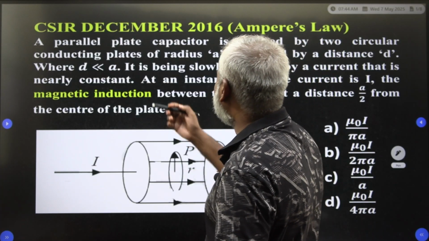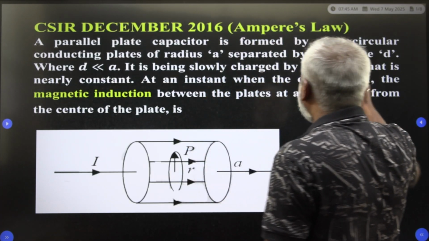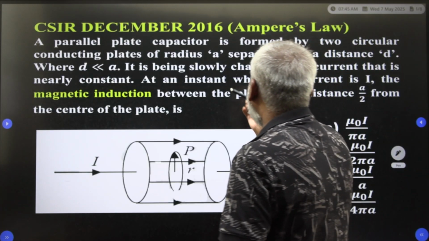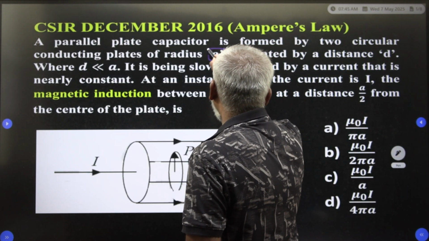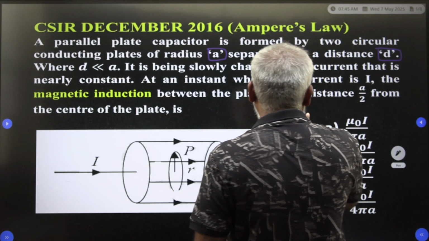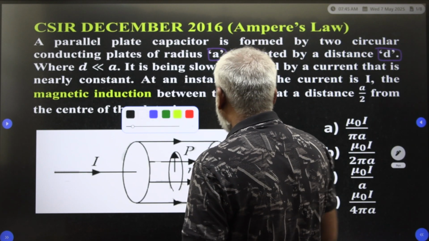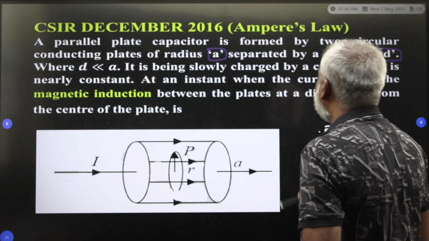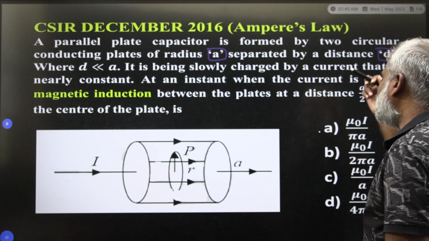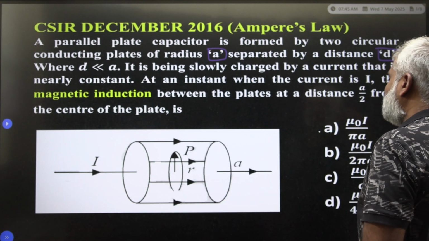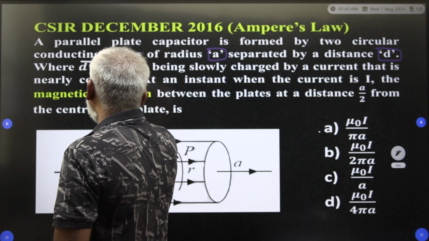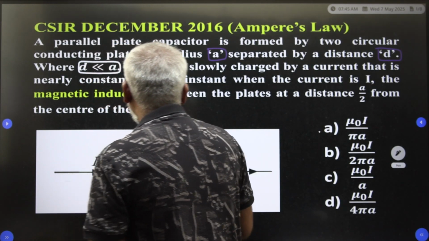A parallel plate capacitor is formed by two circular conducting plates of radius a separated by a distance d. Here d is very much less than a.